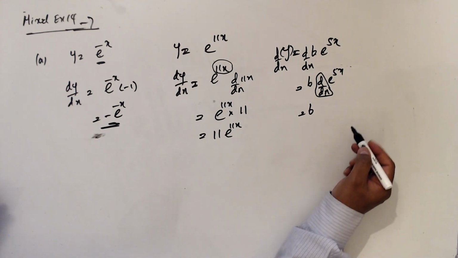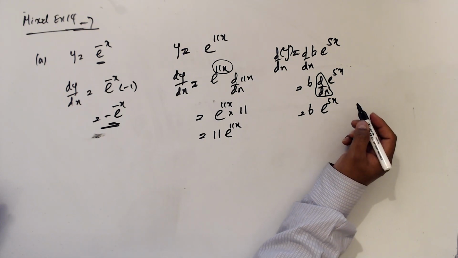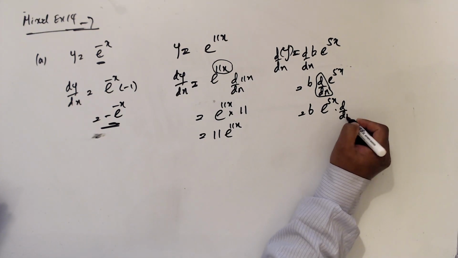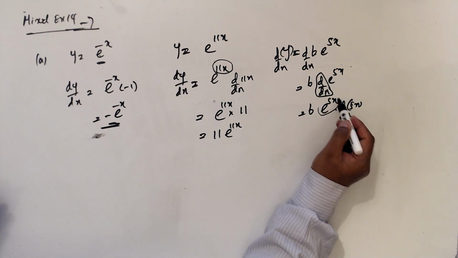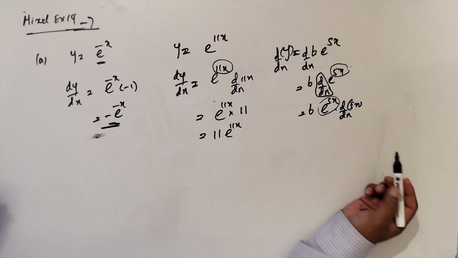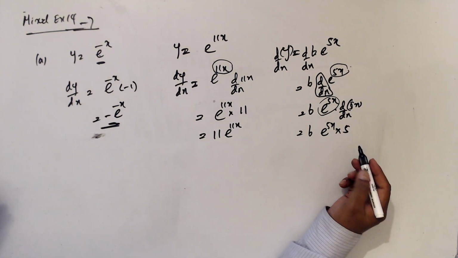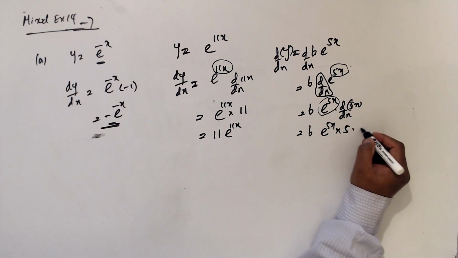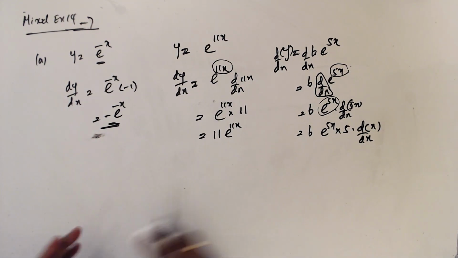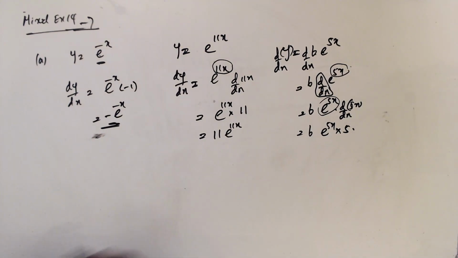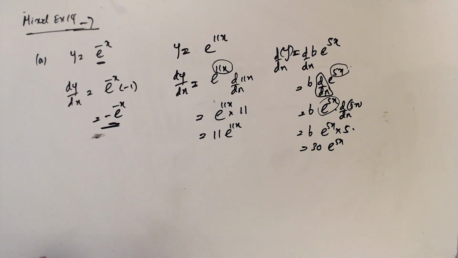So how do you differentiate this one? Write one more time e to the power 5x and then d over dx of 5x. First of all, do this bit, that is done, then the rest. So 6 times e to the power 5x times 5. So 30 e to the power 5x. So this is how it is really moving.